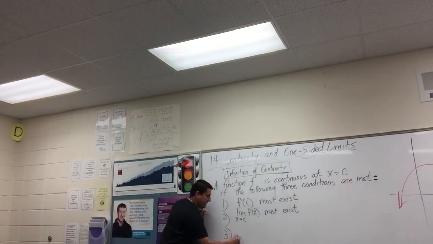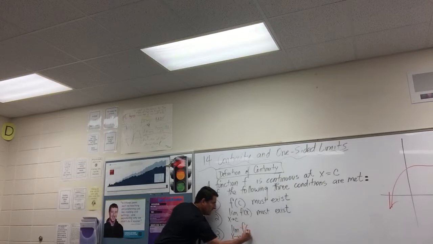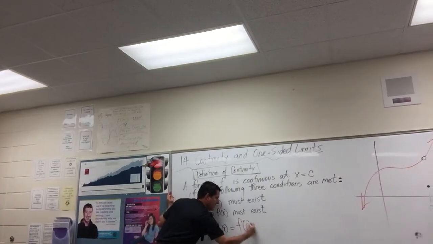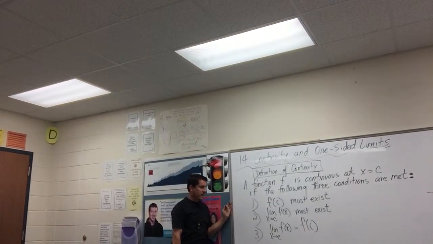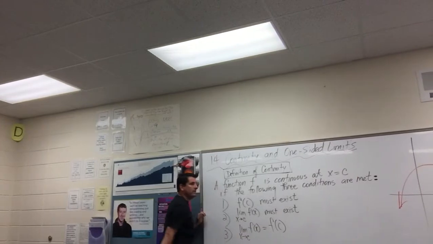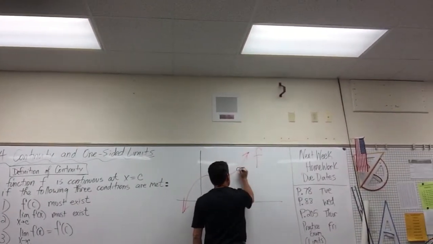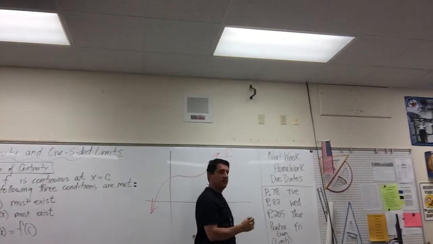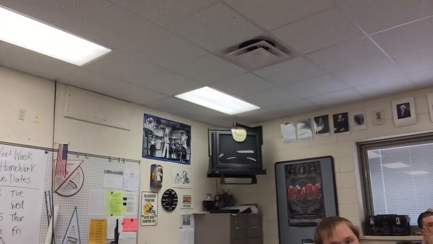And the third criteria is the limit as x approaches c of f of x must be equal to f of c. That is, the limit equals the functional value, which places this dot right in the hole. And that means the function is continuous exactly at that point.